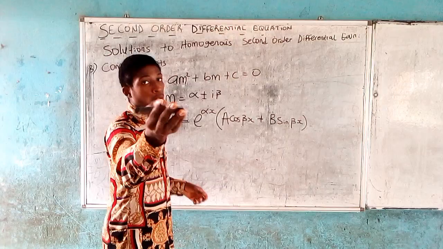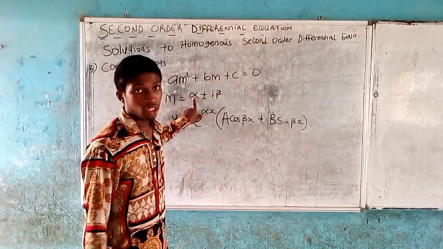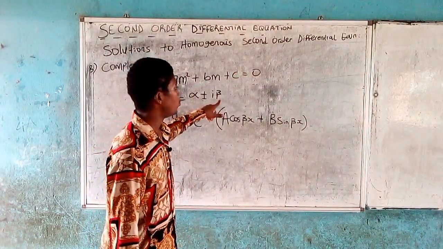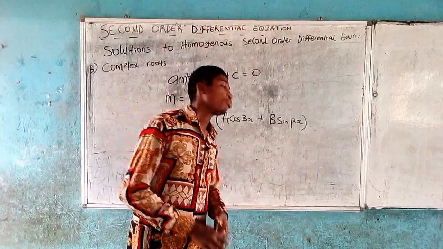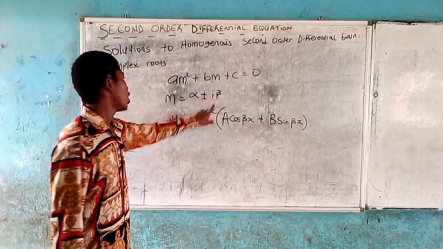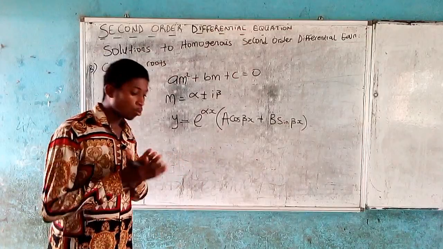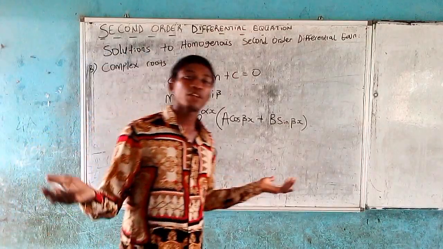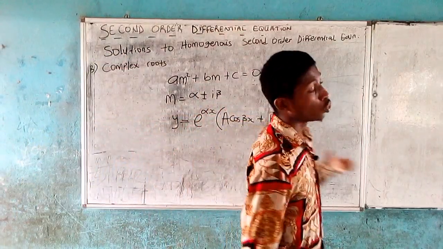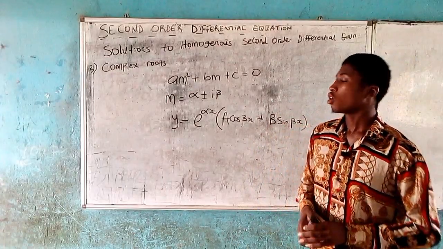Of course, you know from a complex number that alpha is the real part and beta is the imaginary part. So this is the general solution for a homogeneous second order differential equation when the root is complex.